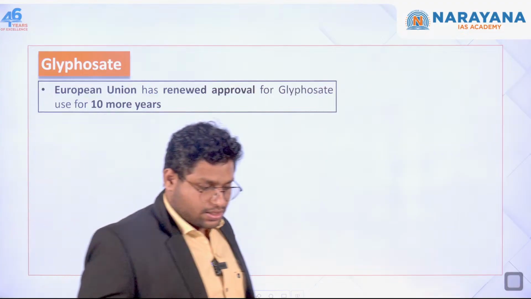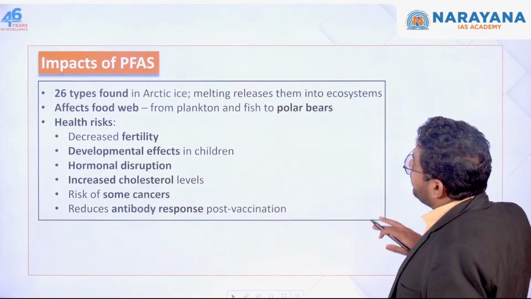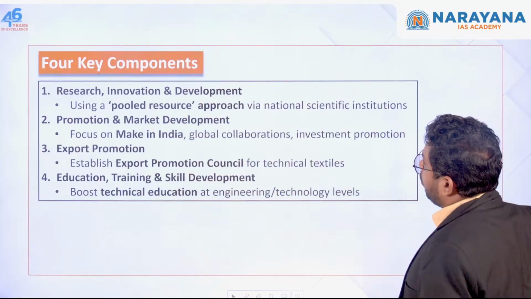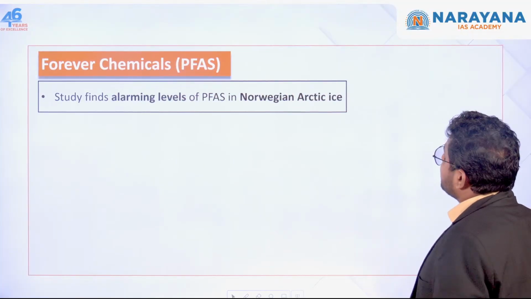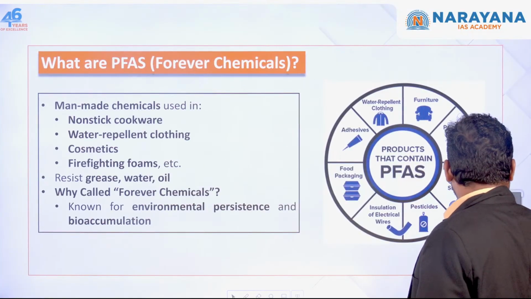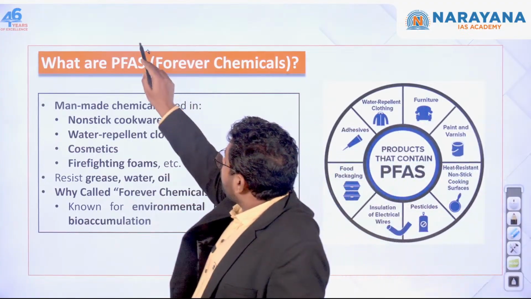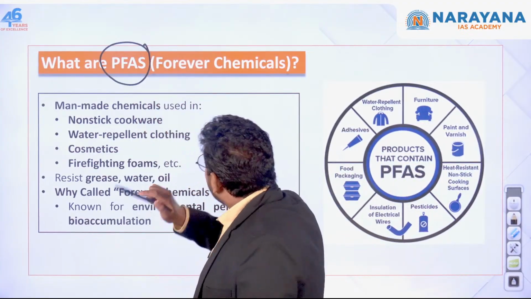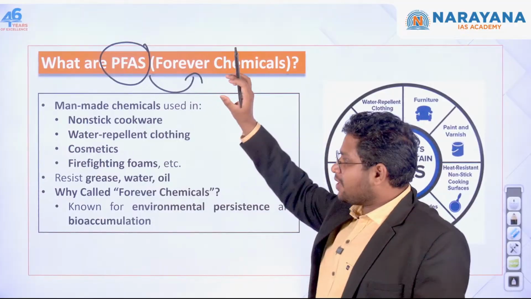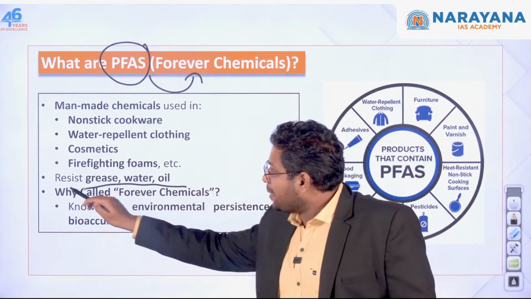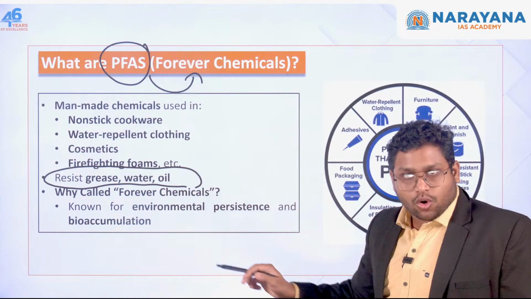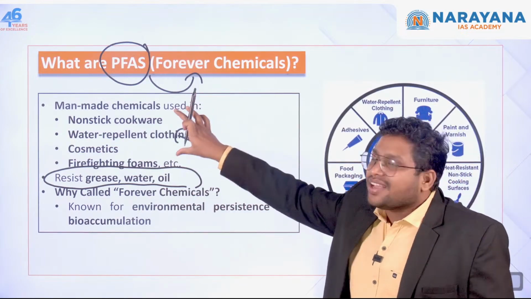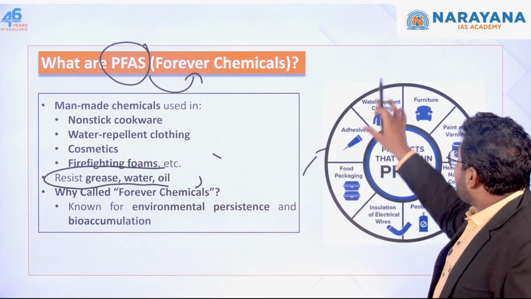Yes, you should actually focus on this, because there will be a very basic question asked by UPSC here. First of all, you should know what PFAS is. Second, you should know why we are calling it a forever chemical. You should know this property that it resists grease, water, oil. You should know its applications, wherever we are using it.